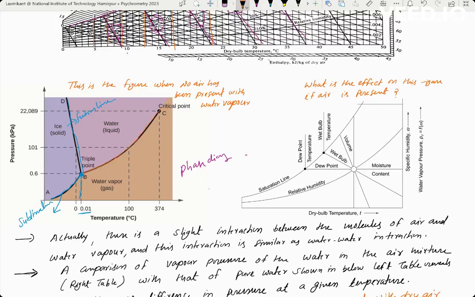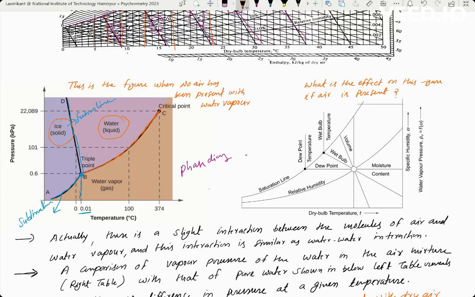B to C is our focus, because the water vapor present in the atmosphere is superheated vapor. This is the liquid region, this is the solid region, and this is the gaseous region. Water vapor present in the air is in gaseous form, so we will focus beyond this vaporization line.